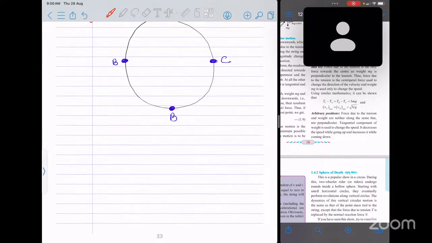At point B, VB minimum will be square root 5 RG, and TB will be 6 times mg.